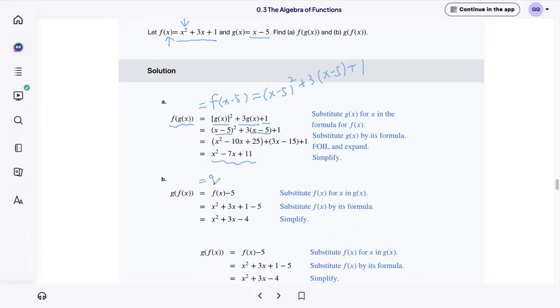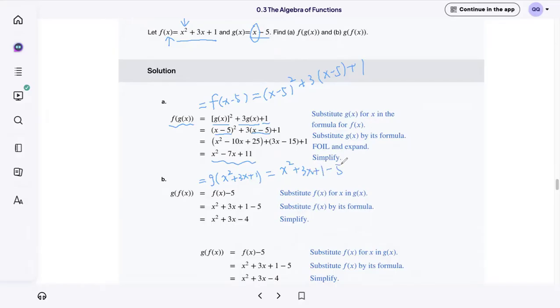Okay, so g takes f as input. What's f? f is x squared plus 3x plus 1. What does g do? g takes input, subtract 5. What's the input? Input is x squared plus 3x plus 1. That's the input.